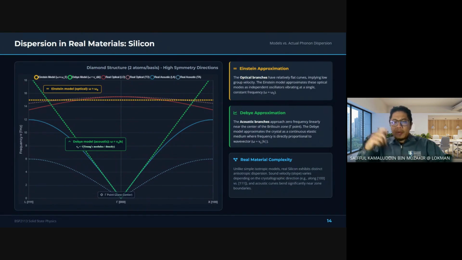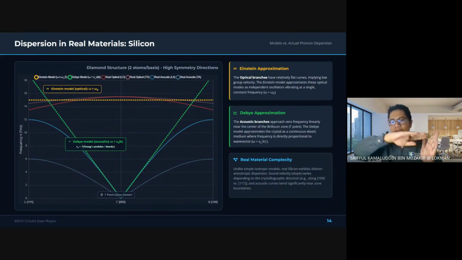So the Einstein model, near the optical branch, gives useful information where the frequency is relatively flat. This slide helps us connect simple theory with real material behavior. Einstein said all the atoms vibrate at similar frequency, but it's not true, because from the experiment we got the optical phonon.